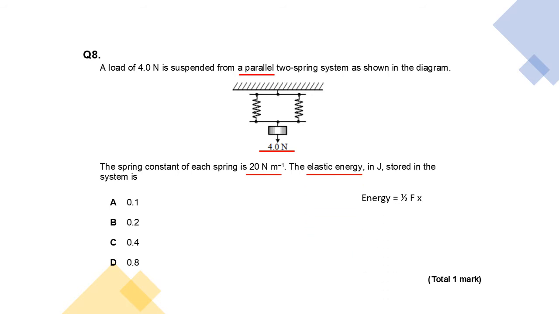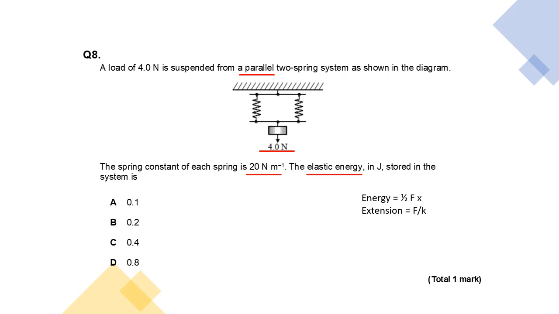We know the force here, but again, like in that question, we don't know the extension. But we know the spring constant, so we can find the extension using a very similar method to the previous question where we have discussed the same thing. But the only difference here is they have given us the spring constant of each spring. So when you are going to find the extension, you do force divided by spring constant.